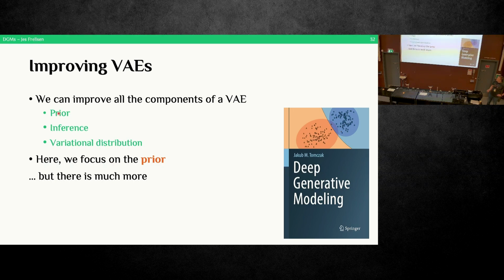We can improve the prior, we can improve the way we do inference, we can do something other than variational inference, we can use importance weighted bounds instead, and we can also use more expressive variational distributions. Because of time, I'll just focus on how we can improve the prior. If you want to read more about how you can improve inference or the variational distribution, then I recommend reading more in Jakob's book on deep generative modeling.